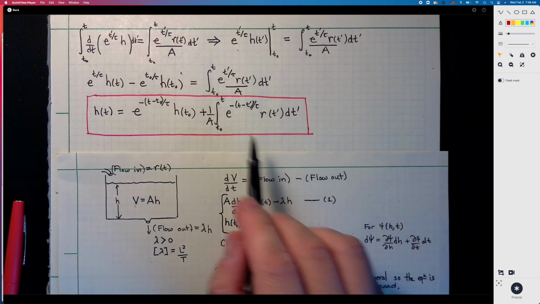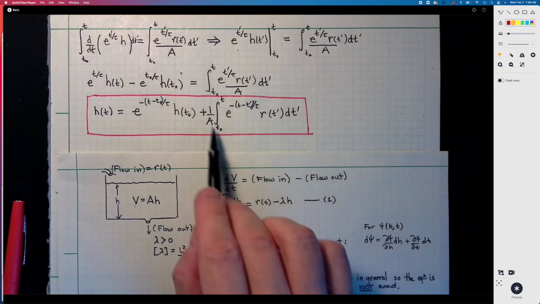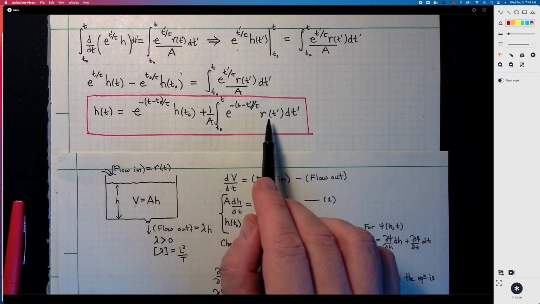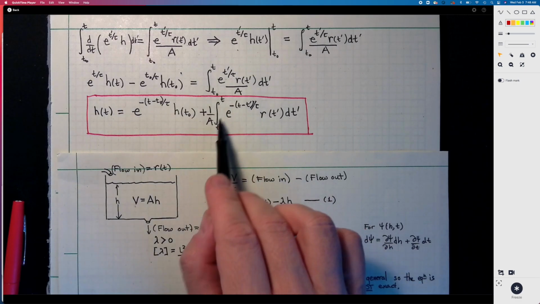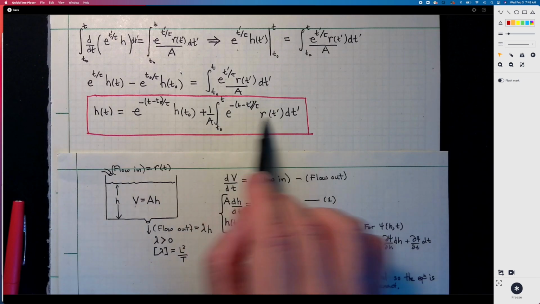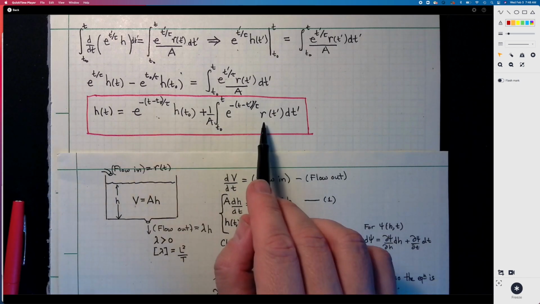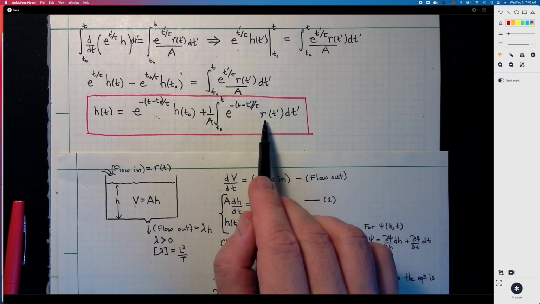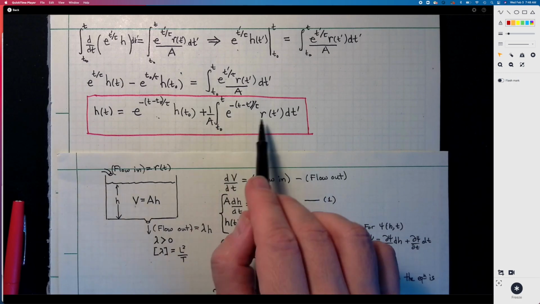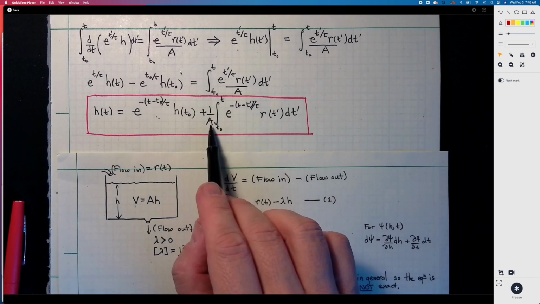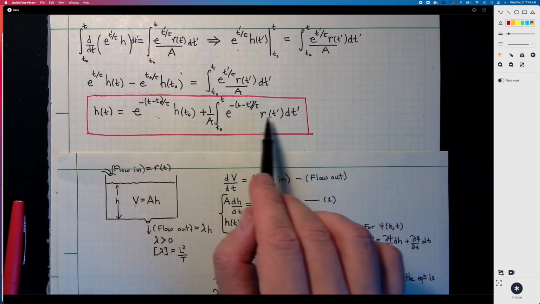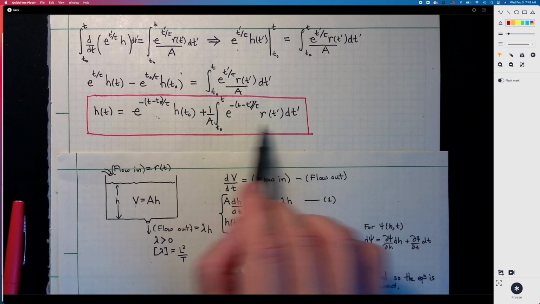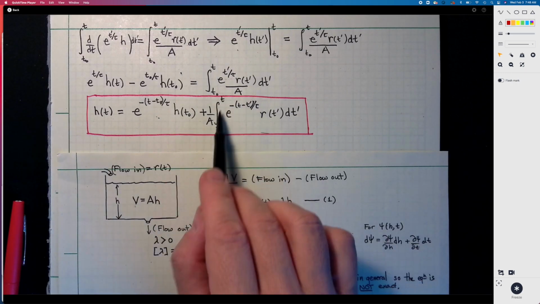And then the forced part of the solution over here looks like the integral is like a superposition, like a sum over a whole bunch of solutions of this form, but whose initial values are somehow r divided by A. Right, so it looks almost like this expression, if I think of r t primed over A as h naught, and then I have this decaying part.